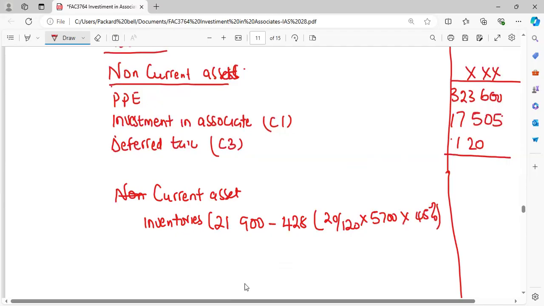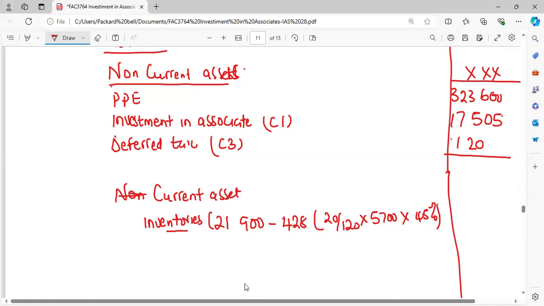So this is the only line. The reason being that this inventory is still being held by the parent, by the investor. Remember, we say we only take assets and liabilities of the investor to the statement of financial position. So since this inventory is still held by the investor, we need to adjust for the unrealized profit in it.